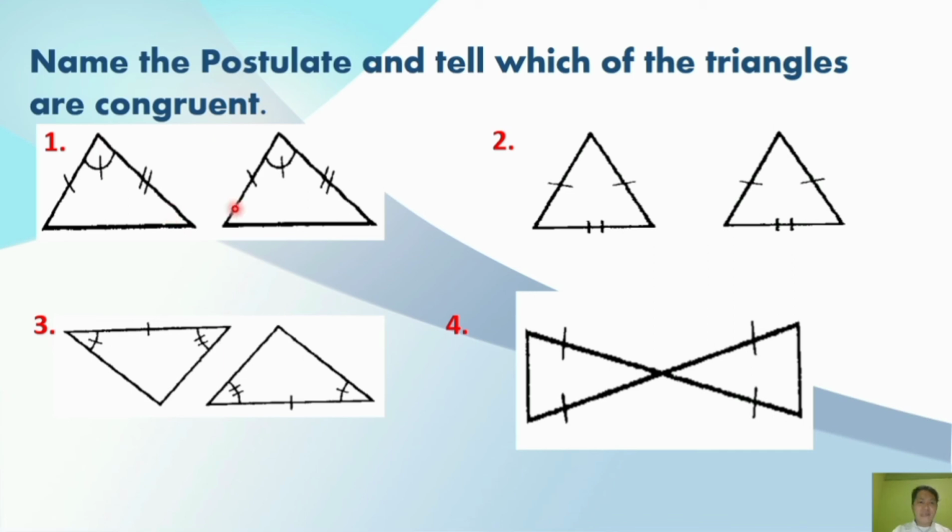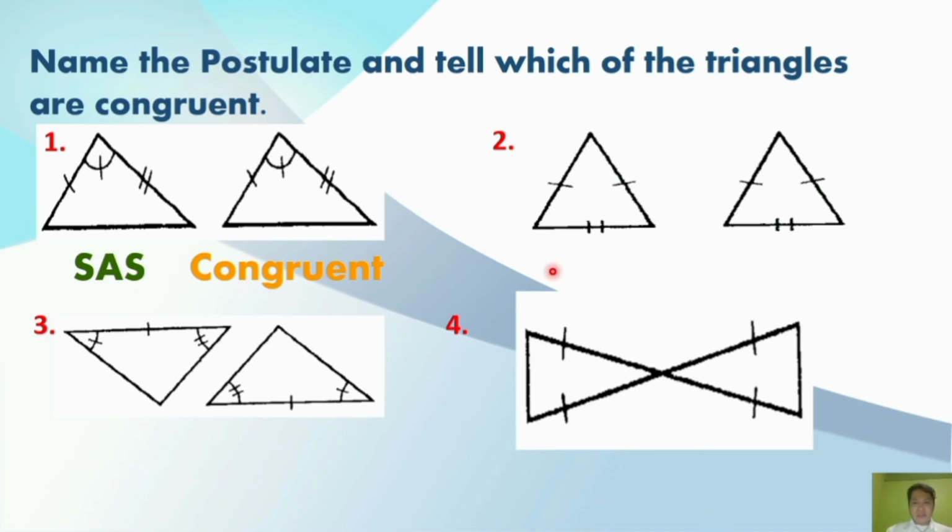On the second triangle, we have side, angle, side. So obviously, the postulate used is SAS. Now the question is, are the 2 triangles congruent? Yes, the 2 triangles are congruent based on SAS congruence postulate.